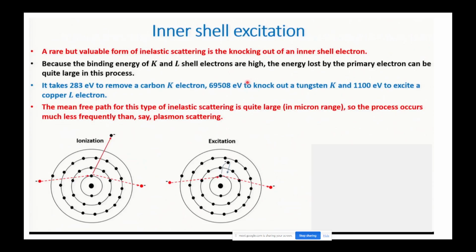It takes 283 electron volt to remove a carbon K shell electron, 69,508 electron volt to knock out the tungsten K shell, and 1100 electron volt to excite a copper L electron. So the mean free path of this type of inelastic scattering is quite large, so the process occurs much less frequently than plasmon scattering.